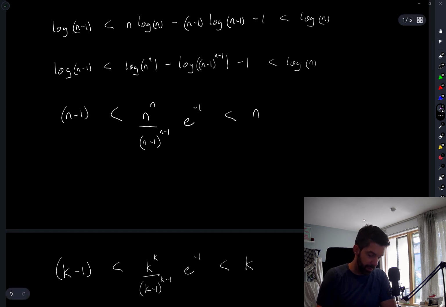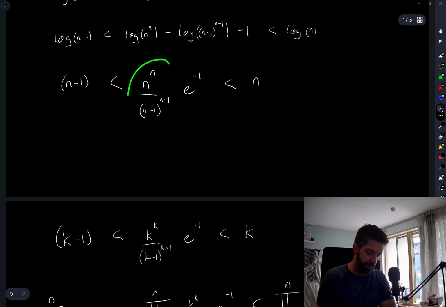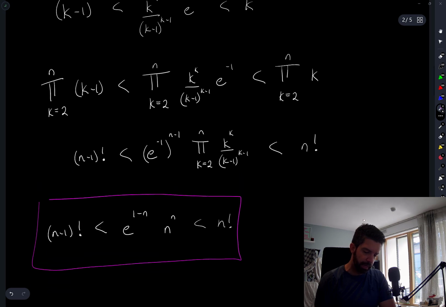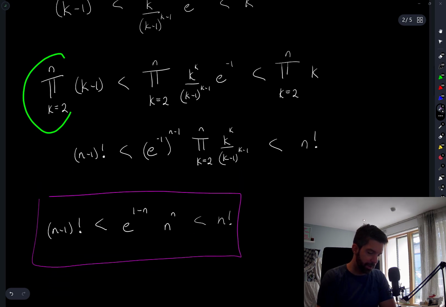But in the thing we're working with, we have an n minus 1 and an n. The natural thing to do is just multiply these things by the same inequality, but for different values of n, decreasing all the way down to 2 or 1, depending on your point of view. And then it's just about verifying that this thing in the middle has the right cancellations to give us what we want. I hope it's clear what I mean by the product notation here.